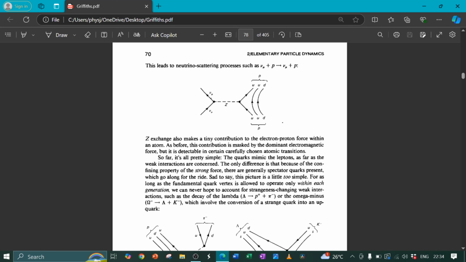This leads to neutrino scattering processes such as muon neutrino plus proton goes to muon neutrino plus proton. Z exchange also makes a tiny contribution to the electron-proton force within an atom. As before, this contribution is masked by the dominant electromagnetic force, but it is detectable in certain carefully chosen atomic transitions.